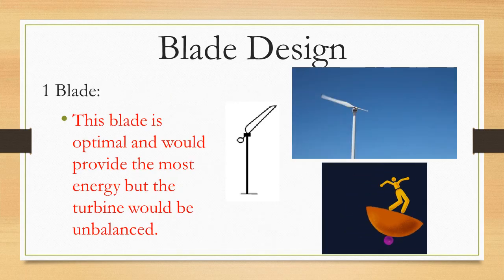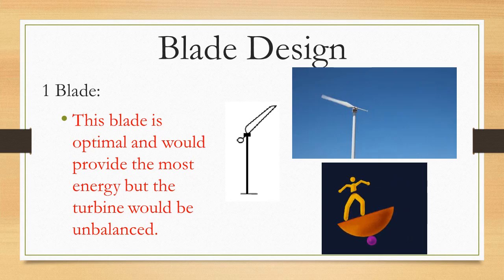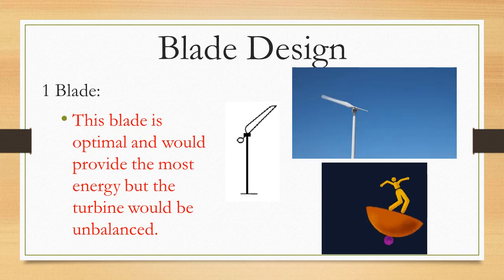Now, as we saw before, we've got some different designs. First one is just one blade. So this one-blade turbine is optimal, and it would provide the most energy for us. But the blade and the turbine would be unbalanced. Now, you may wonder, what does that matter?